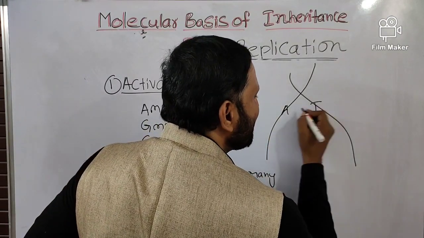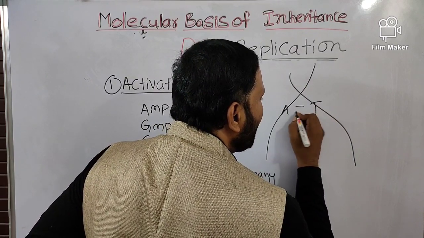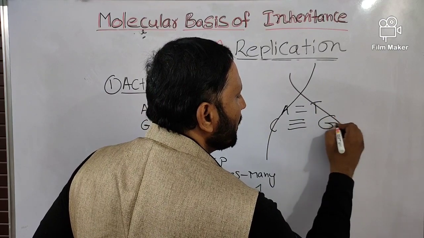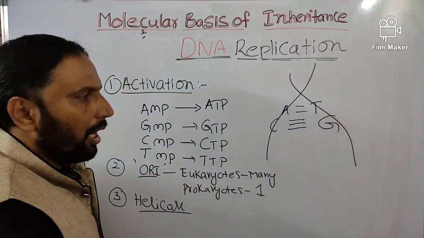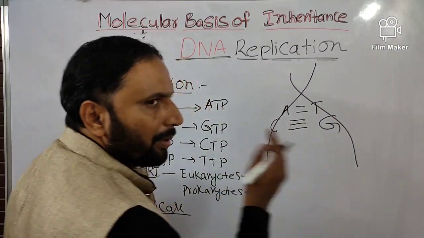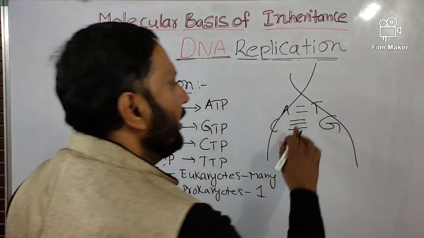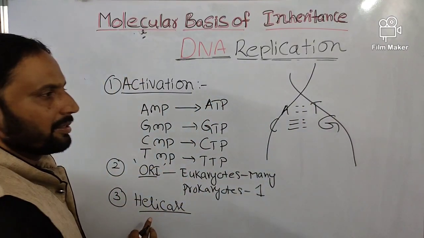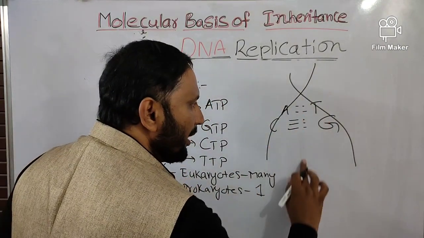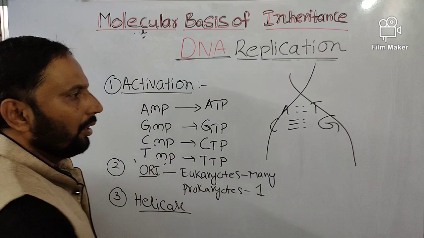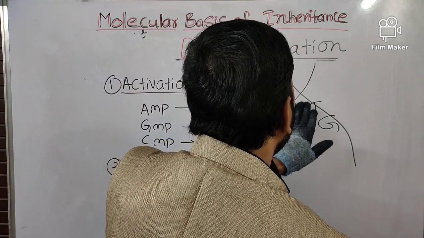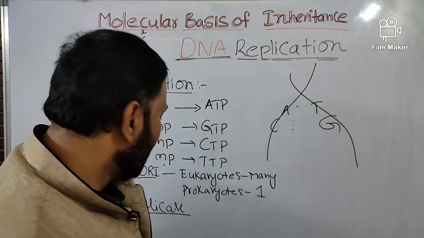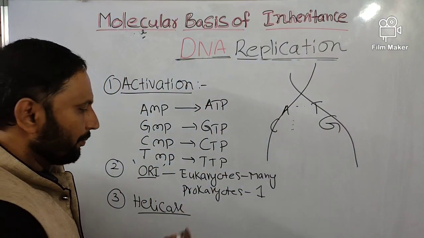Adenine is complementary with thymine by 2 hydrogen bonds, cytosine is complementary with guanine by 3 hydrogen bonds. Hydrogen bonds are there between purines and pyrimidines. These hydrogen bonds are broken by the action of helicase. When it cuts the hydrogen bonds, the two strands can separate from each other. That is because of helicase.